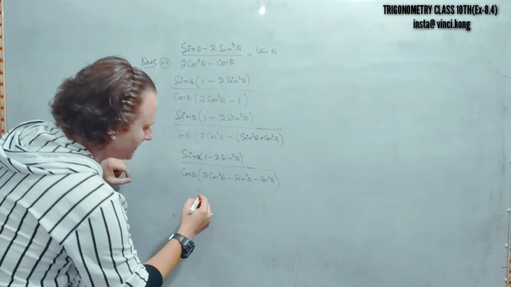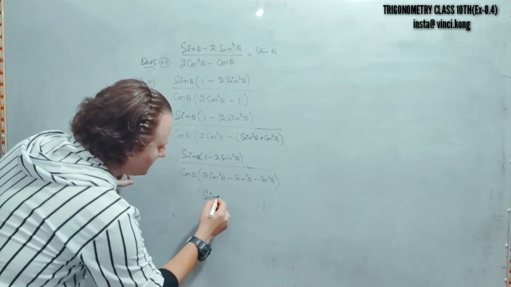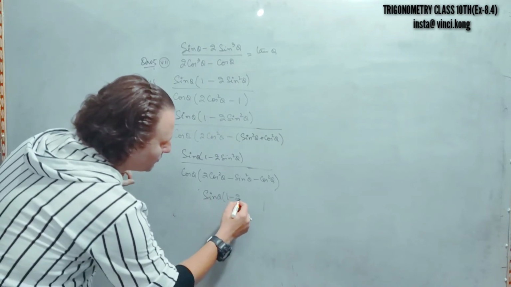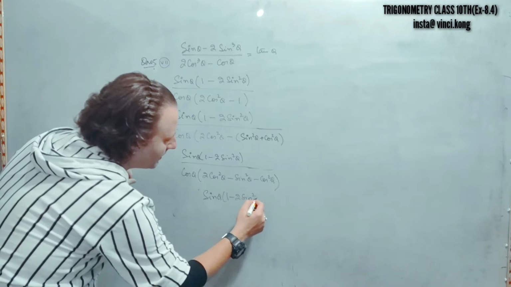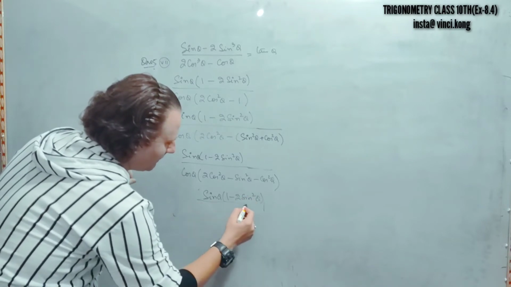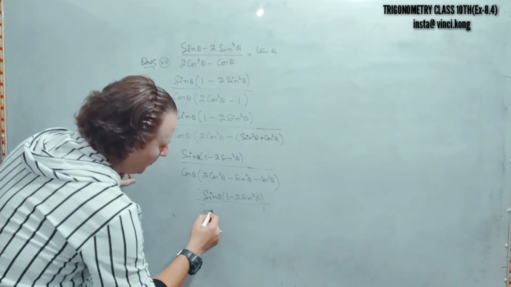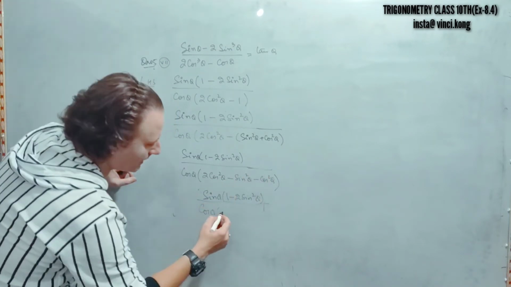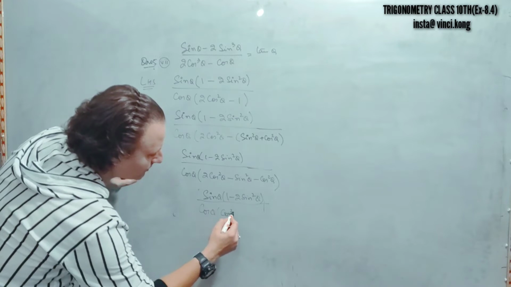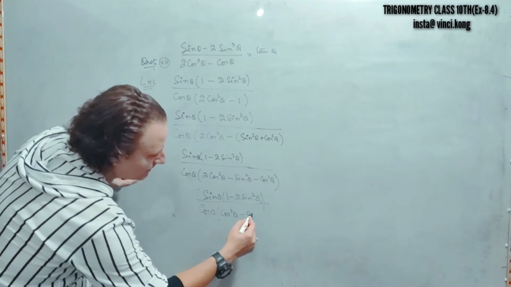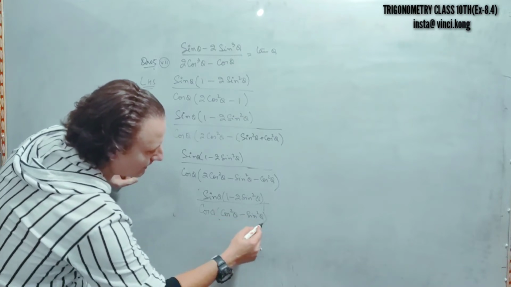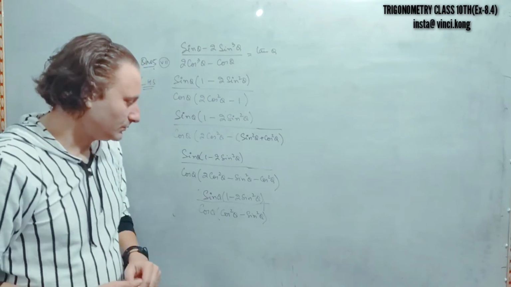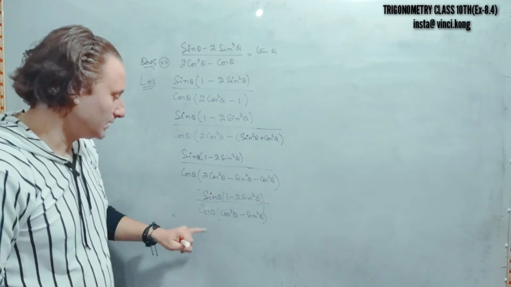Now I have sin theta, 1 minus twice sin square theta whole divided by cos theta, twice cos square theta minus cos square theta will be cos square theta minus sin square theta. Okay, so this is what we can do here.